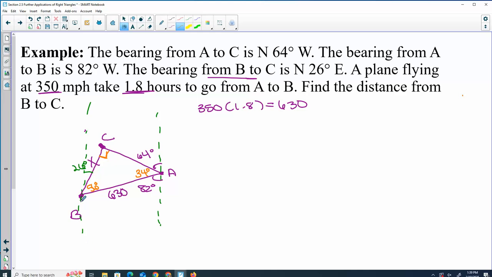So we can set up a trig function. We can use any angle except the right angle when we do that. So if I just go with my 34, from there x is opposite, 630 is hypotenuse, so that's the sine. Sine of 34 degrees. What's my opposite side x over my hypotenuse, 630.